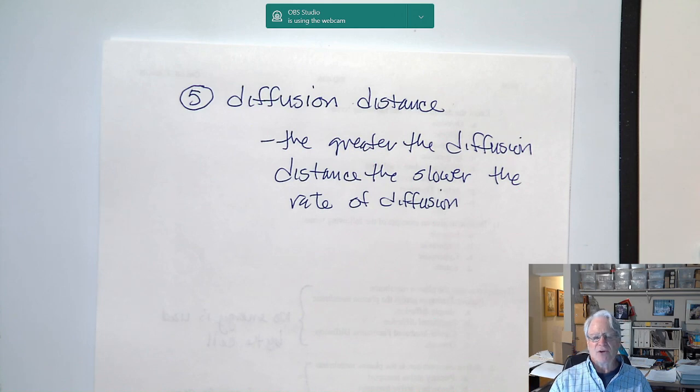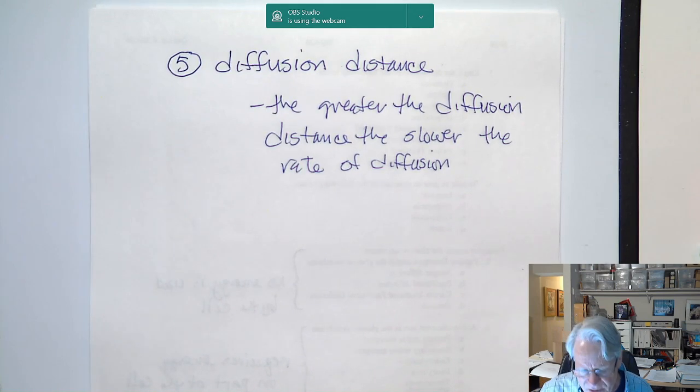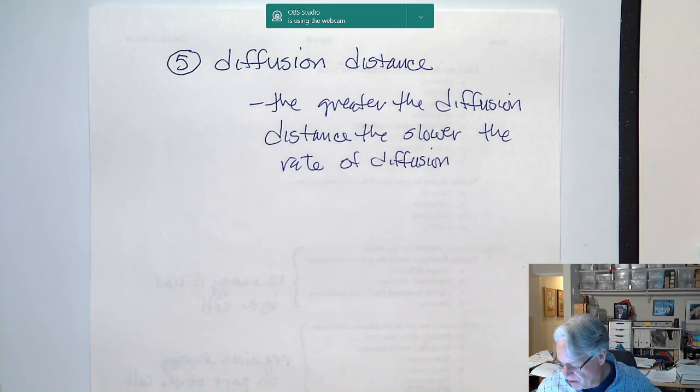So as fluid builds up in the lungs, you're going to get less and less oxygen being infused into the blood. So diffusion distance plays a very important role in all of this. So those are some of the factors that are going to influence diffusion. Before we move forward and talk about the various types of diffusion and give you examples, let's take this moment and just review what we've been talking about very quickly.